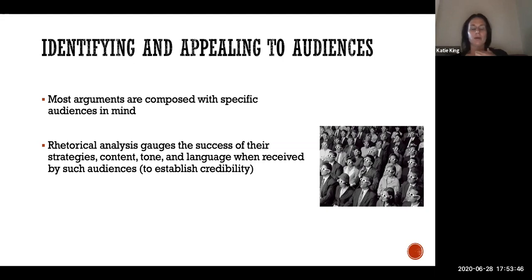So rhetorical analysis gauges the success of strategies, content, tone, and language when received by such audiences. In other words, if it's a flop, you can kind of tell when it's a flop, right? Like if a film is a flop or a song sucks or a viral video is stupid, you can tell. Whereas when something is done very successfully, you can tell that as well.